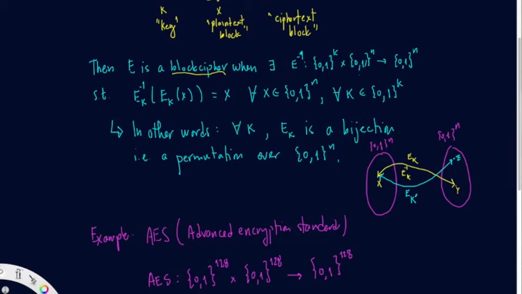So let us think about what that looks like. Let me introduce a bit more notation here. BC of k,n.